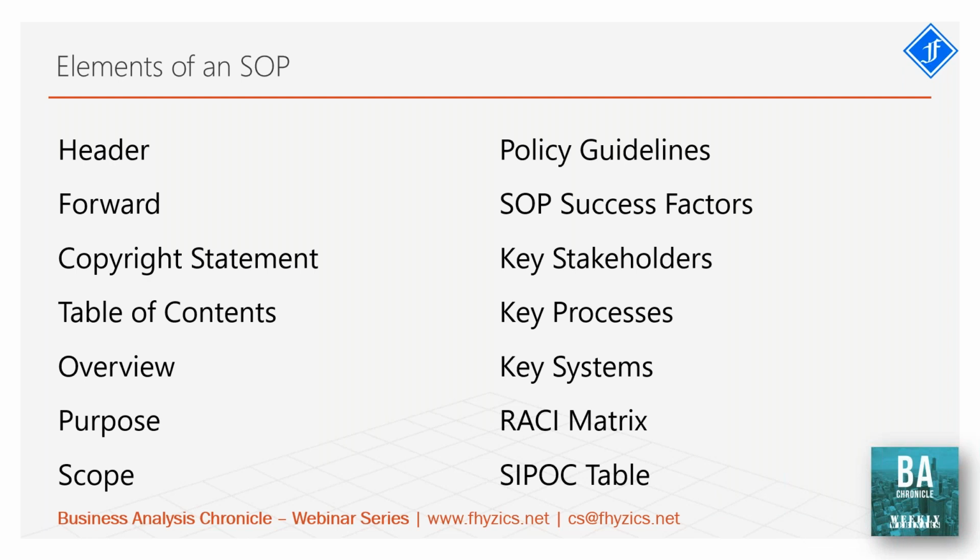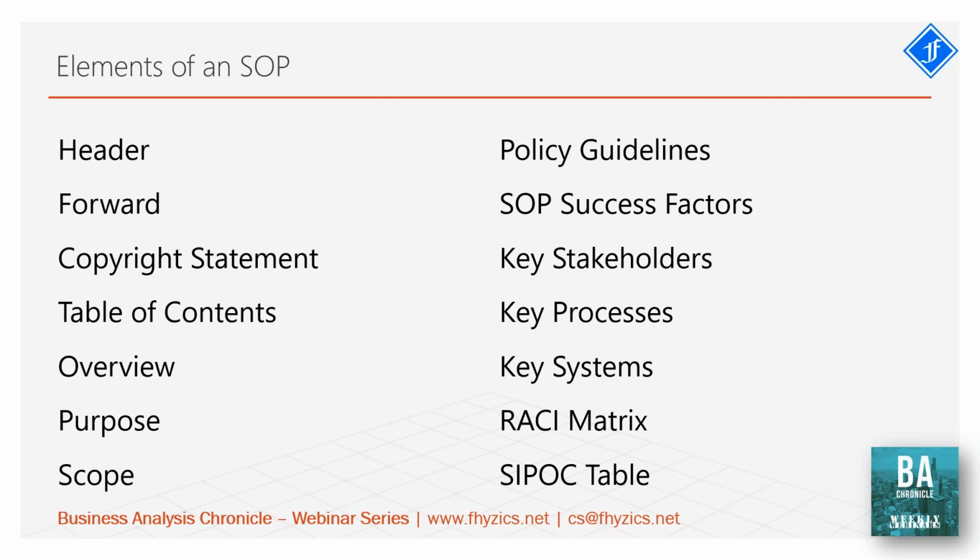RACI stands for responsible, accountable, consulted, and informed, right? In another 7 weeks' time, we have a session on RACI matrix and SIPOC table separately. That is a session on its own, because as a business analyst, we use the RACI matrix several times, and almost every time we use the SIPOC table again.